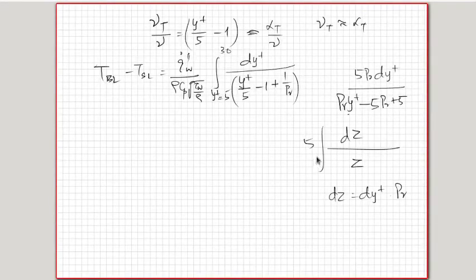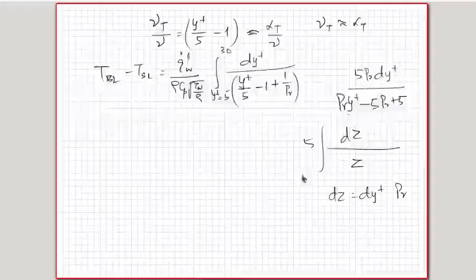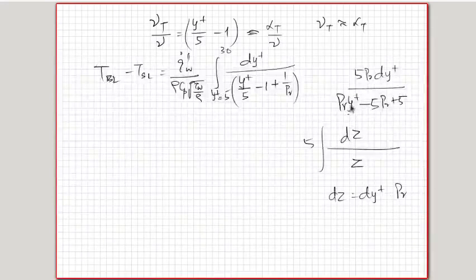And what will be the integration between y plus equal to 5? I substitute here, that will be 5 PR minus 5 PR plus 5, so 5 PR will get cancelled out, so the lower limit will be 5, the upper limit will be 30 PR minus 5 PR, which will be 25 PR plus 5. That will be the limits. So if I do the integration, this is log z, which will be log of this divided by this.